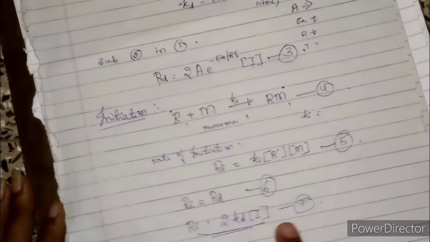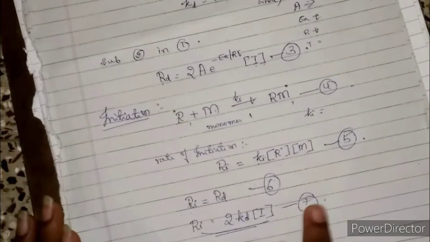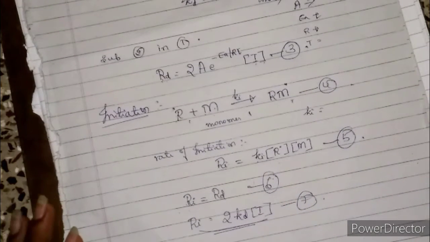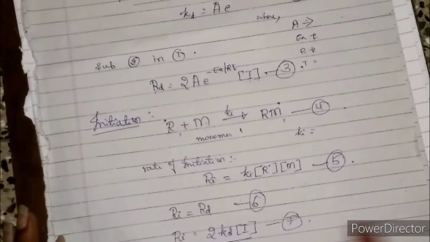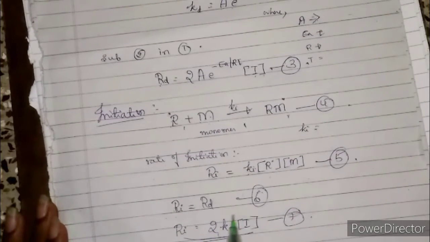Okay, you get this. Now this equation 7 holds good when every free radical that is generated is efficient in attacking the monomer. This equation is valid only when all the free radicals generated by the decomposition are effective in attacking the monomer.